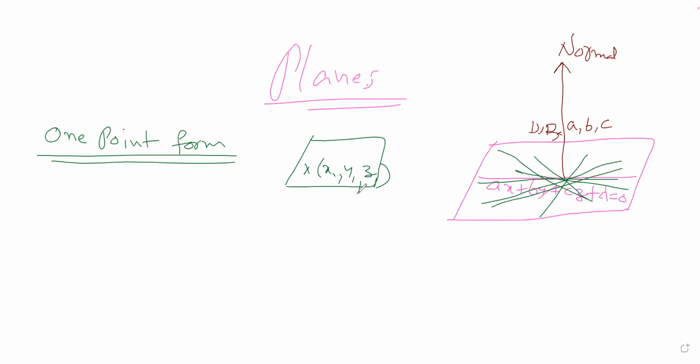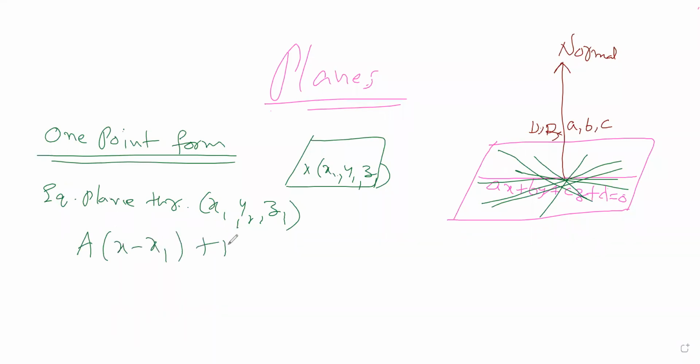If we know one point in that plane, then the equation of the plane passing through the point x1, y1, z1 is A into x minus x1 plus B into y minus y1 plus C into z minus z1 equals 0.